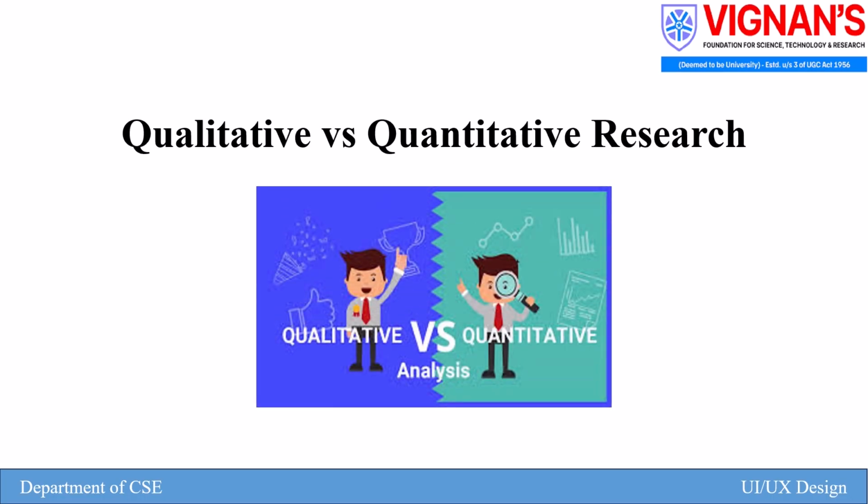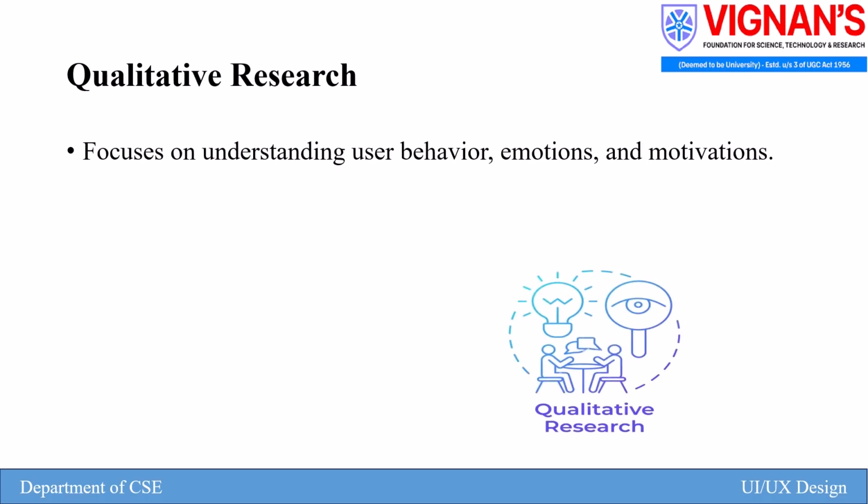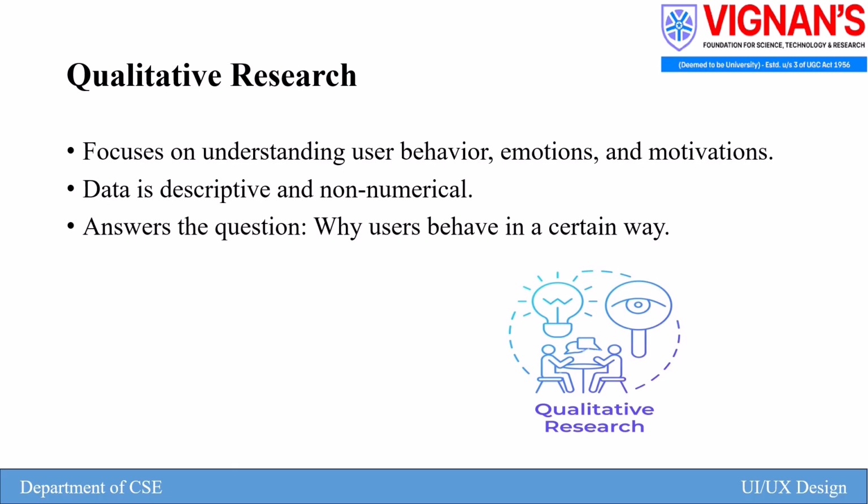Qualitative research versus quantitative research. Qualitative research focuses on deep understanding and exploration of user behavior, emotions, and motivations. It collects descriptive and non-numerical data from the users to explore why users behave in a certain way.